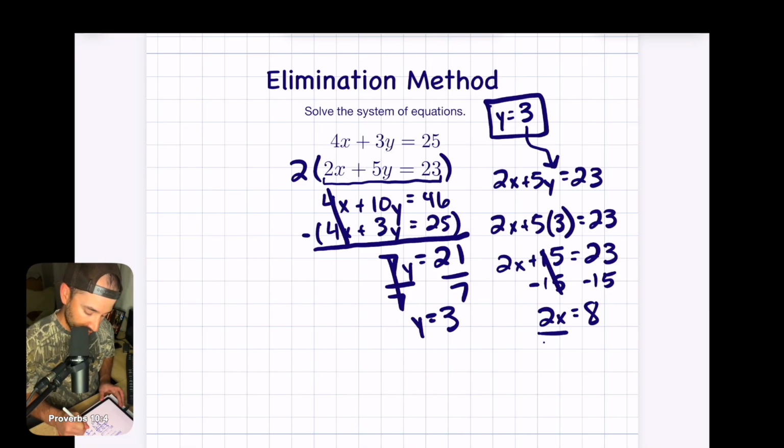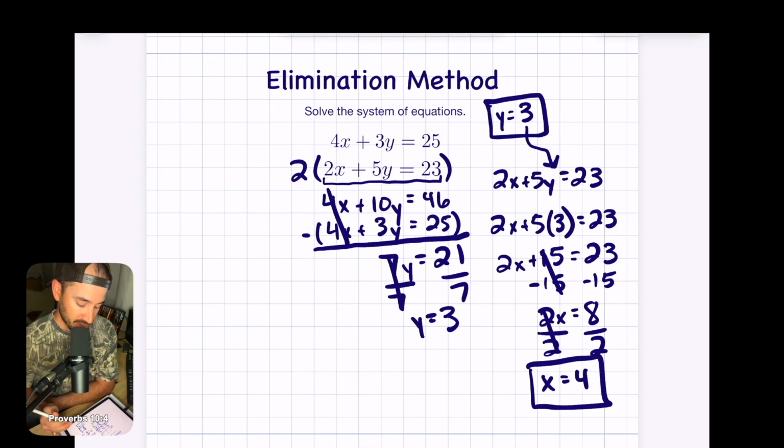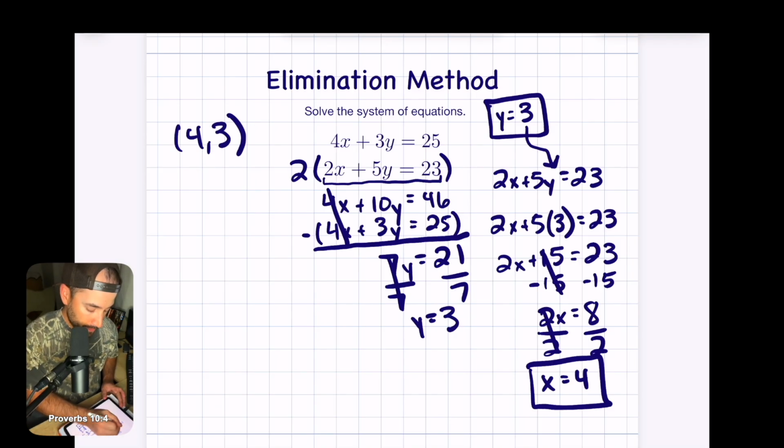And so now we can divide by 2 on both sides to get x is equal to 8 divided by 2, which is 4. And so now that we have x equals 4, we have both variables. So that means that our solution would be 4, 3, and that would be our solution to this system of equations.